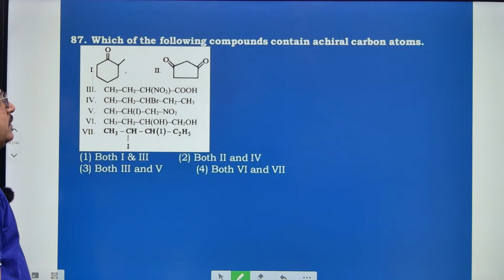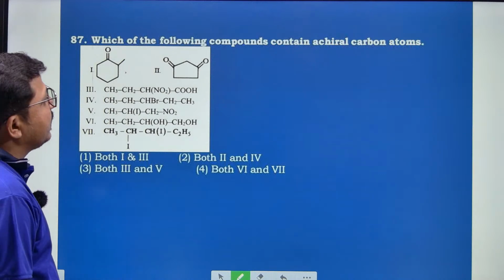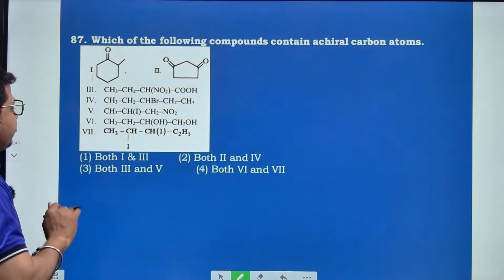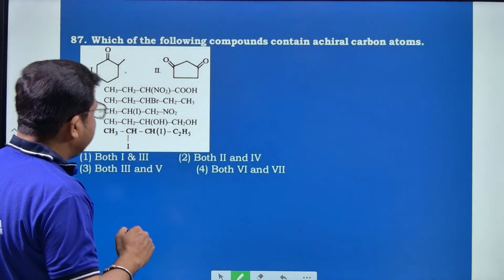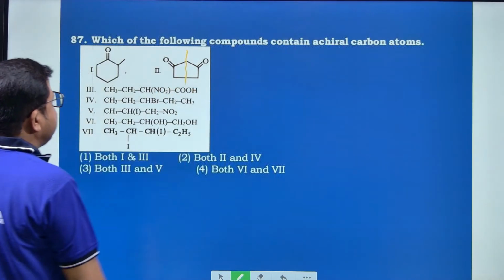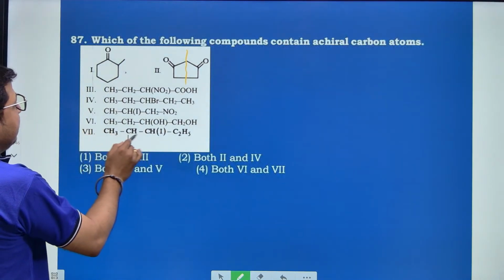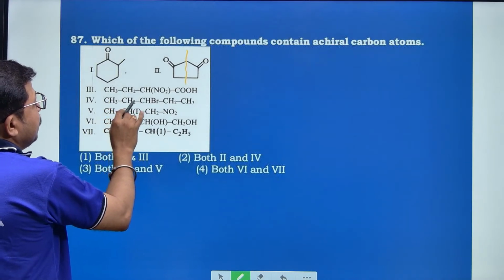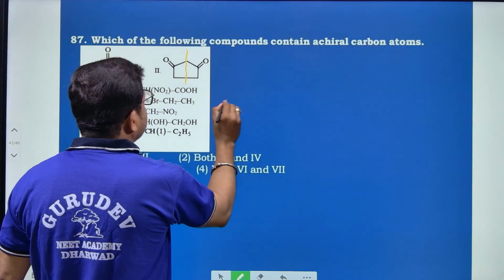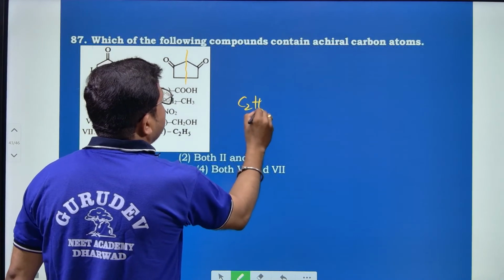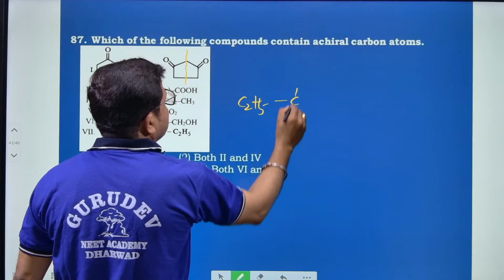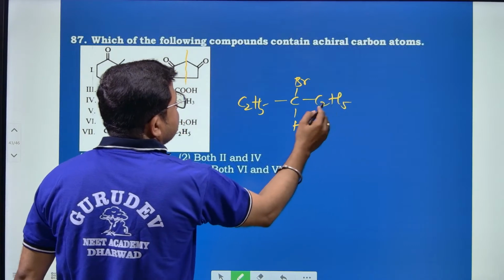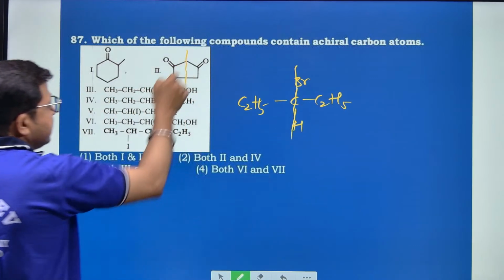Achiral and chiral are different, right? Compound 2 is having a plane of symmetry, and in option 4, I will write the structure: C2H5, CH, Br, C2H5. This is also containing a plane of symmetry.